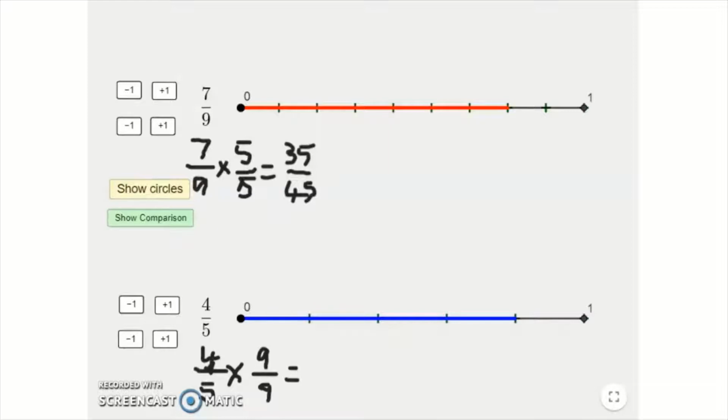I'm changing the way the number looks, but I'm not changing its size. This gives me 4 9s are 36, and 5 9s are 45. So I can now compare 36/45 and 35/45, and we can see that this one is smaller than this one.